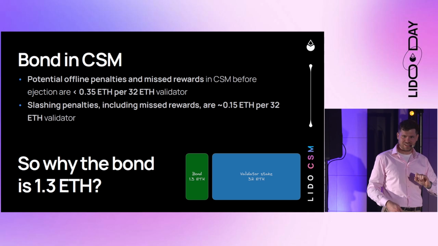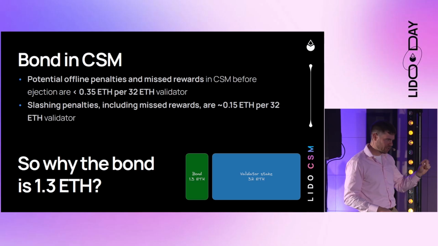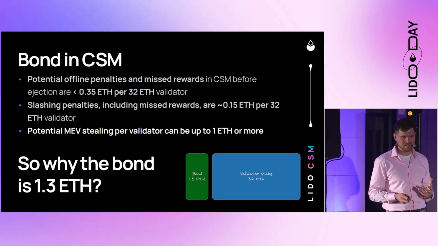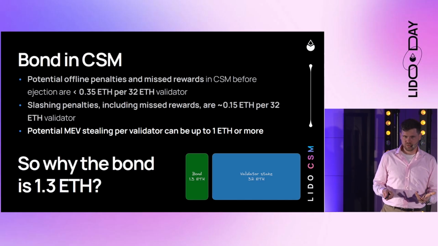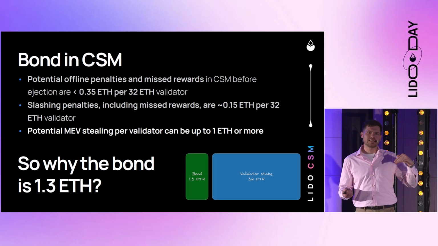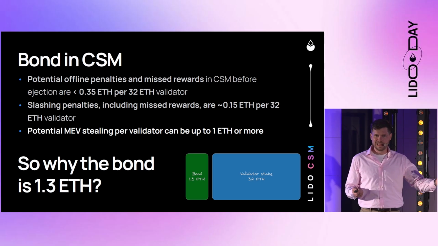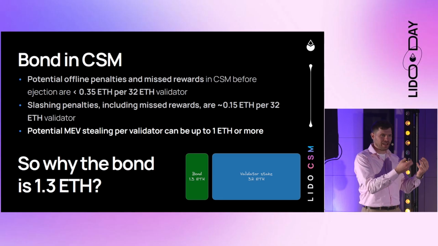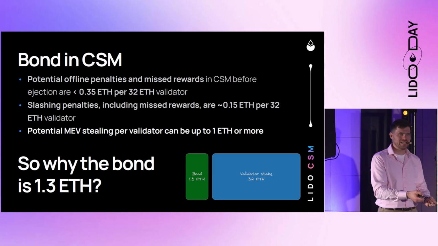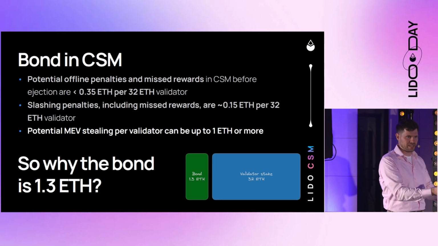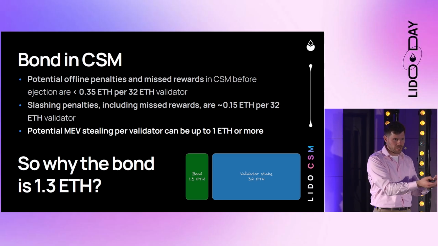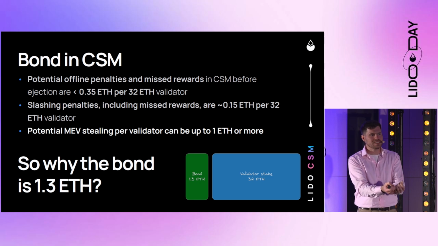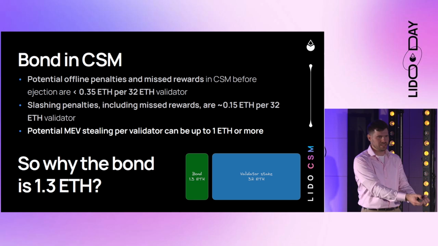There is yet another factor that we also need to account for when we calculate the bond size. And this is MEV stealing. To be honest with you, blocks with rewards up to 1 ETH are not that rare on the Ethereum network. And since you, as a validator runner, can define the fee recipient and where the execution layer rewards go, it's pretty easy for you to commit stealing here and simply say: do not send it to Lido.